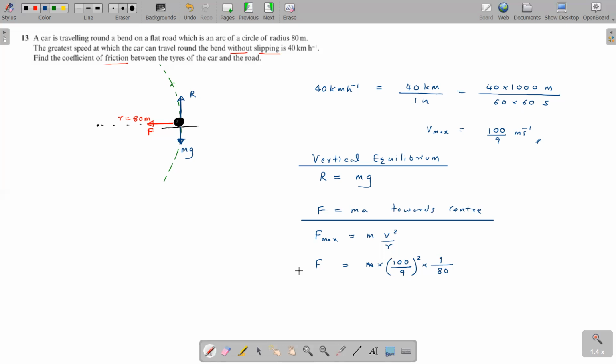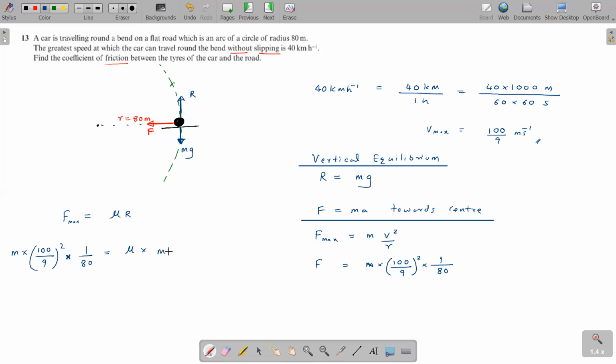You can calculate that or leave it at this point, and now find the coefficient of friction by using friction is equal to mu R. So maximum friction is equal to mu R. Maximum friction is mass into (100 over 9) squared into 1 over 80, equals mu R. Mu is what we're trying to find.